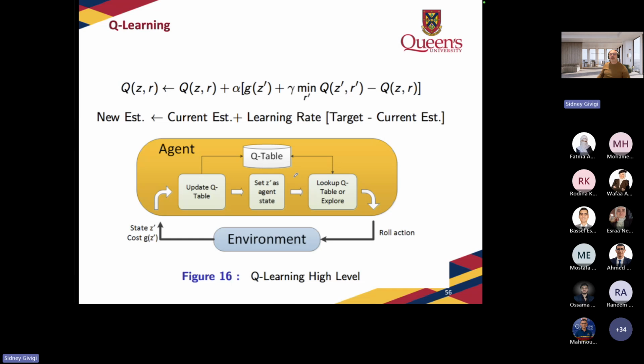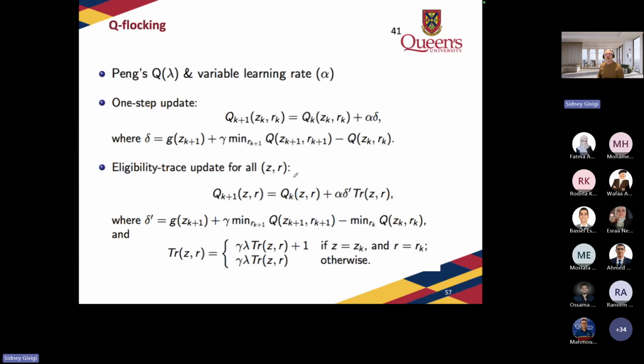So what are the innovations that can be done here, putting together all of these that we have discussed so far in this course? The first thing is that we can use the ideas of Q lambda, right?